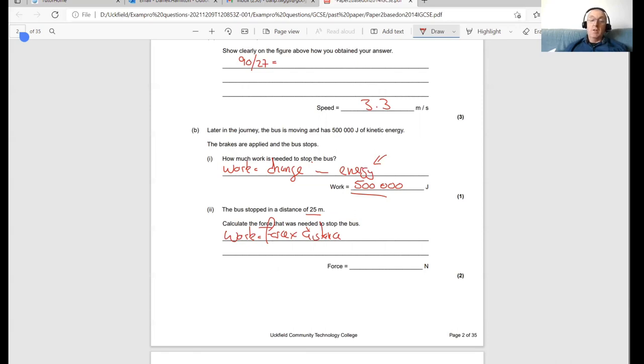So I need an equation that connects the force, the distance, and the work. And that is the equation. So rearranging that to make force the subject, I've got force is work divided by distance, which is 500,000 divided by 25. Well, 25 goes into 50 twice, so that's 20,000 newtons.